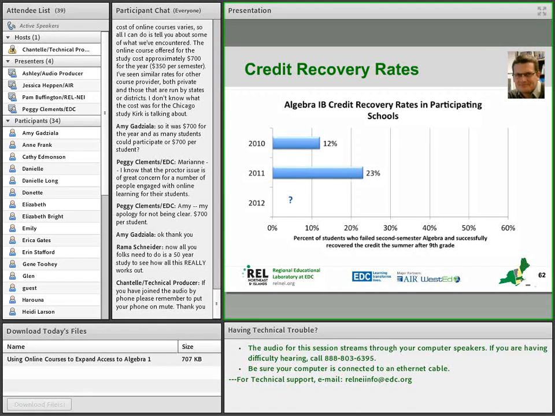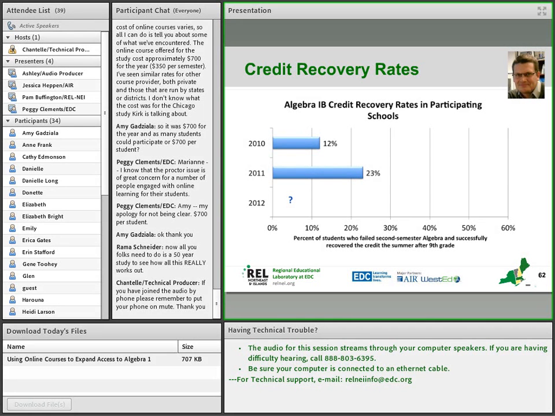As you can see, in 2010, about 12% of those ninth graders recovered their credits, whereas in 2011, after the study, that almost doubled to 23%. We're hoping that number is even higher this summer, and we have some other strategies where we're working with schools to try to bring in even more kids this summer than we did last summer.